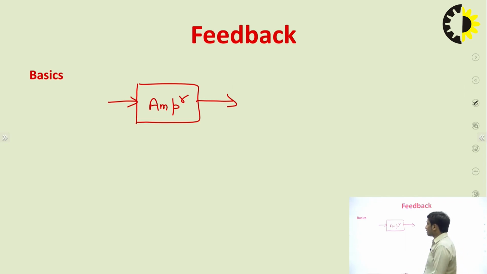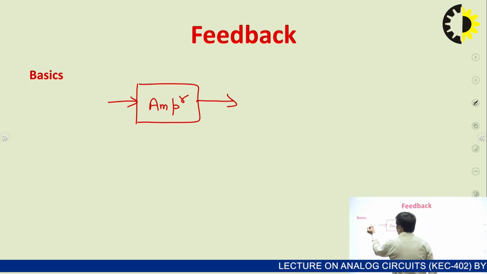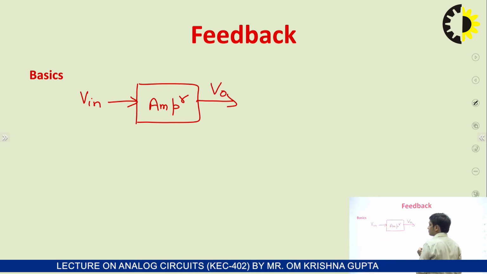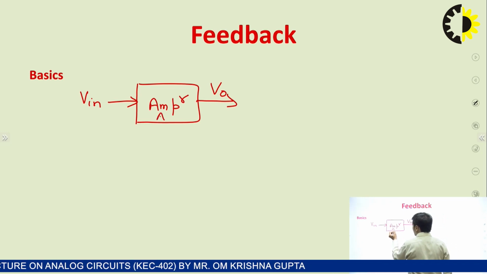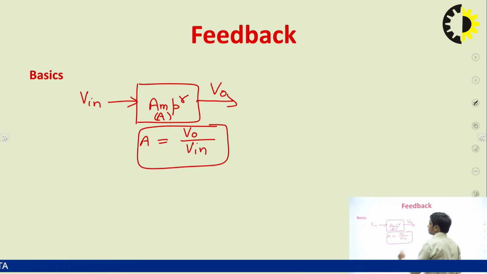If we are not applying any feedback, feedback meaning the output is connected to the input, then we say that this amplifier is in open loop configuration. Let's say we apply the voltage Vin at the input of the amplifier and we get the output voltage Vo. Let's say the gain of the amplifier is A, so obviously this A will be output voltage upon input voltage. This A is called voltage gain.